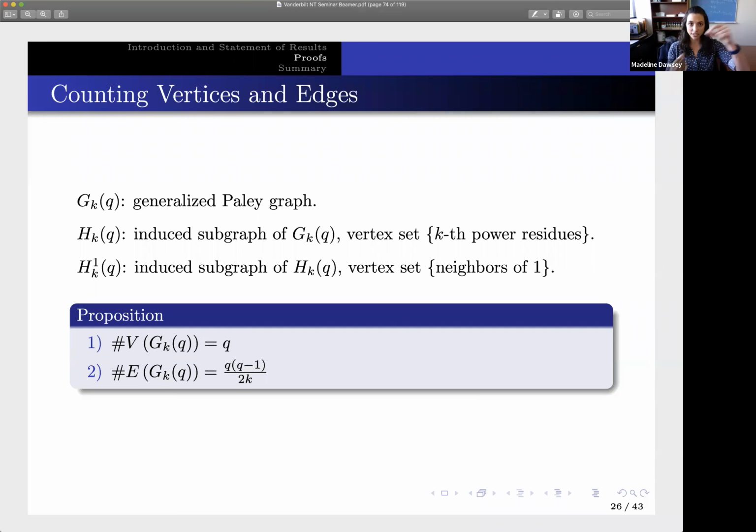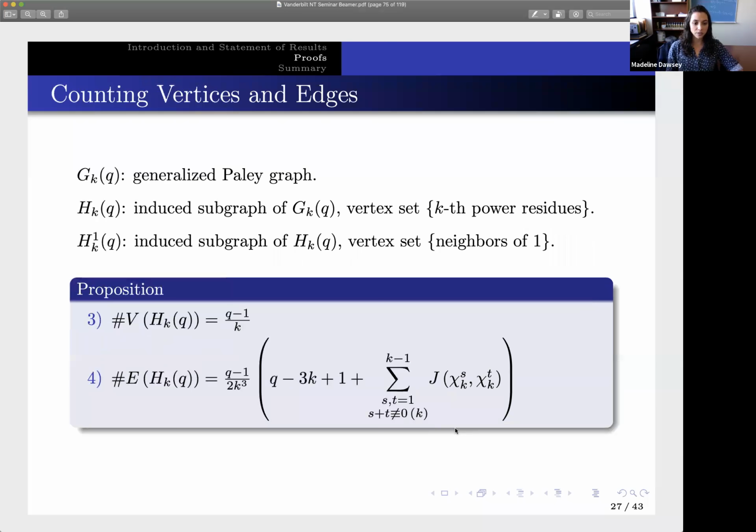Because you have an edge between 2 vertices if their difference is a kth power. So there's q minus 1 over k kth powers. If you fix any vertex, then the number of edges coming out of it is q minus 1 over k. Then you do that for all q vertices, so you multiply by q, but then you've counted each edge twice, right? Because the edge connects to 2 vertices, so then you divide by 2.